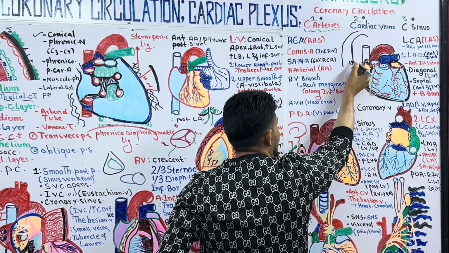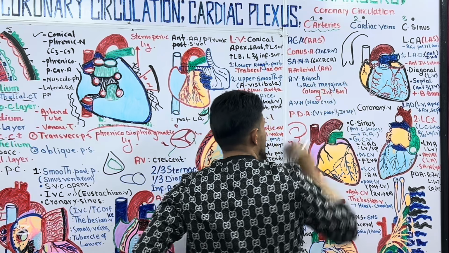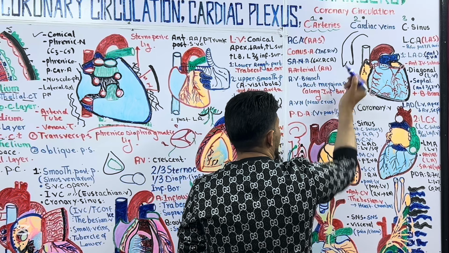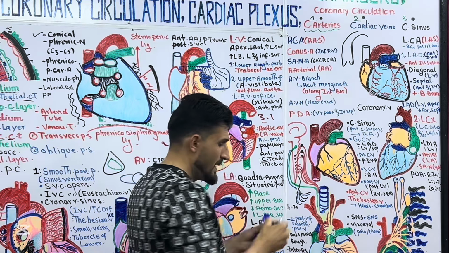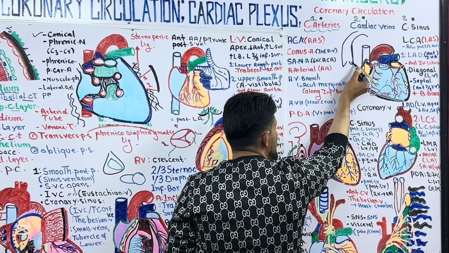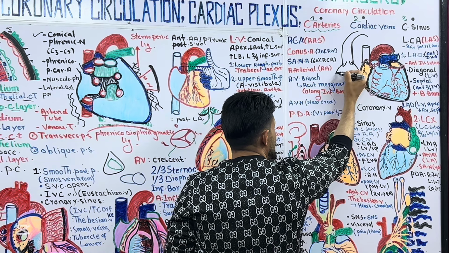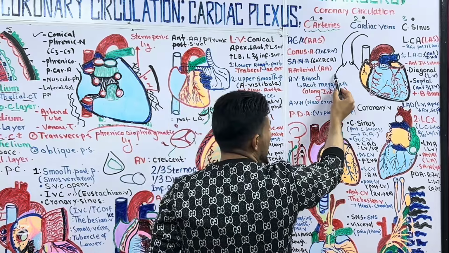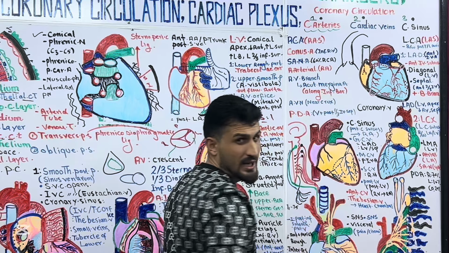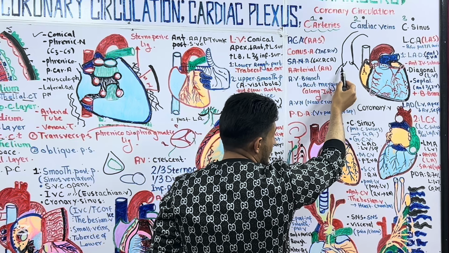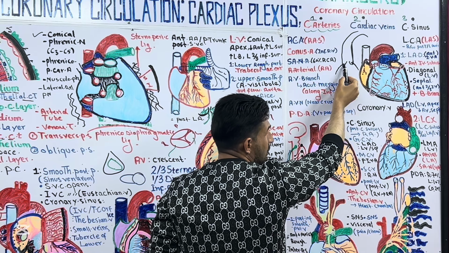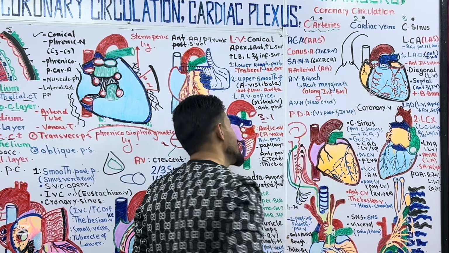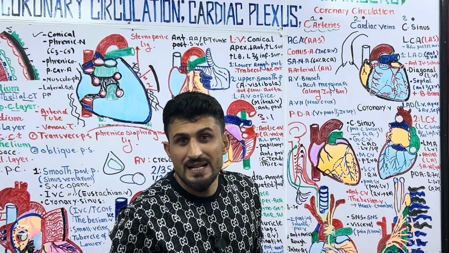Here we have the aortic valve, and this part of the valve is called the sinus. From here an artery comes out, and these two arteries are called coronary arteries. So we have the right coronary artery and the left coronary artery. The right coronary artery originates from the right aortic sinus, and the left coronary artery originates from the left aortic sinus.